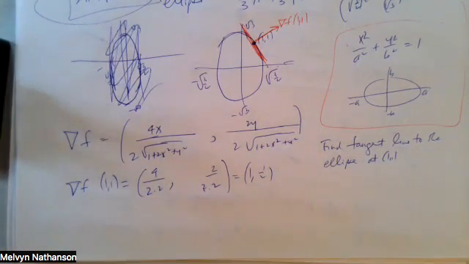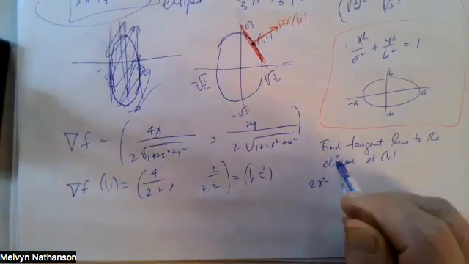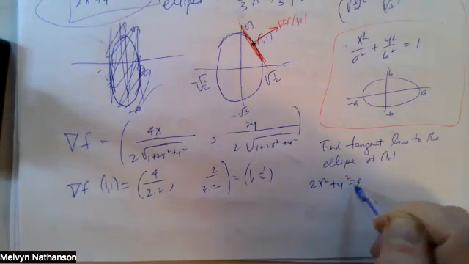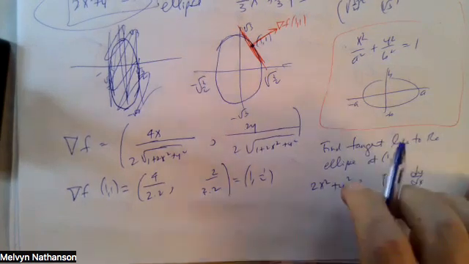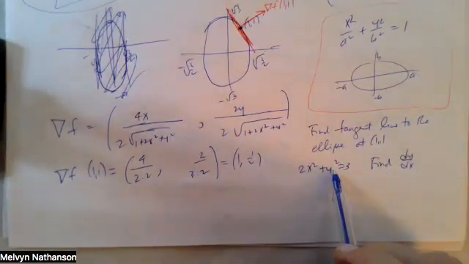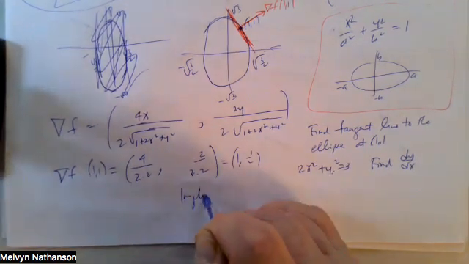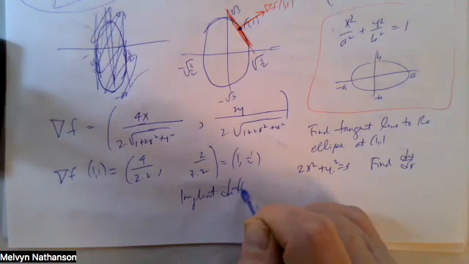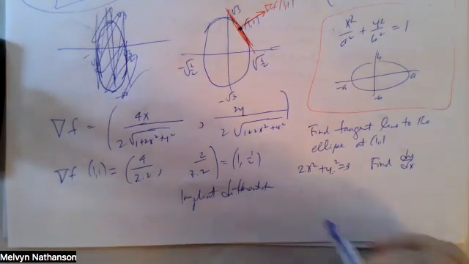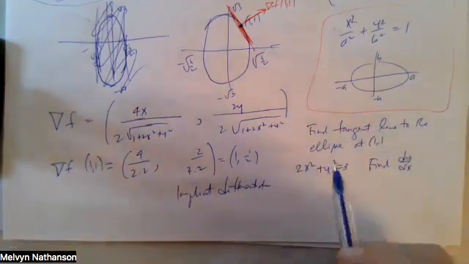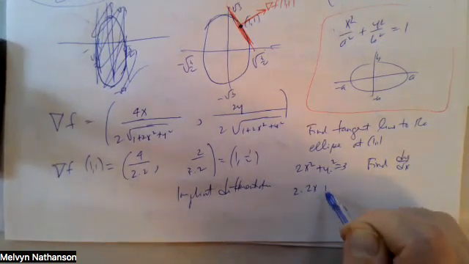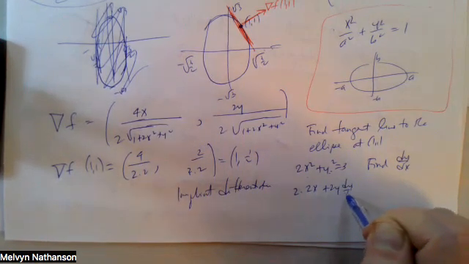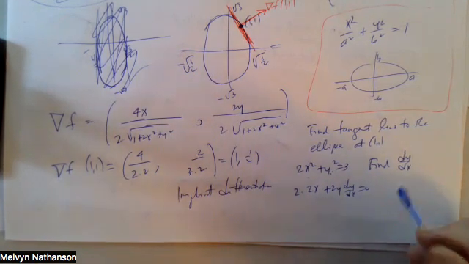So the ellipse is given by 2x squared plus y squared equals 3. I want to find dy dx. I can either solve for y and differentiate, or I can use implicit differentiation, which you learned in calculus. If I differentiate this with respect to x, I get 2 times 2x plus 2y times dy dx equals 0.